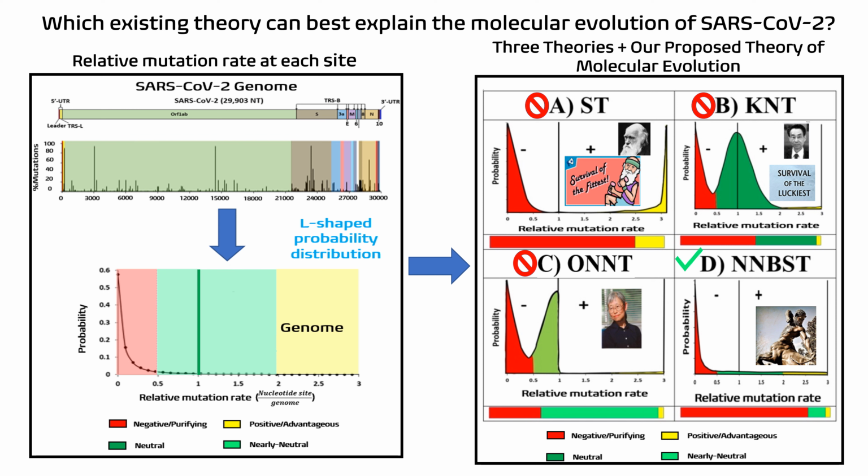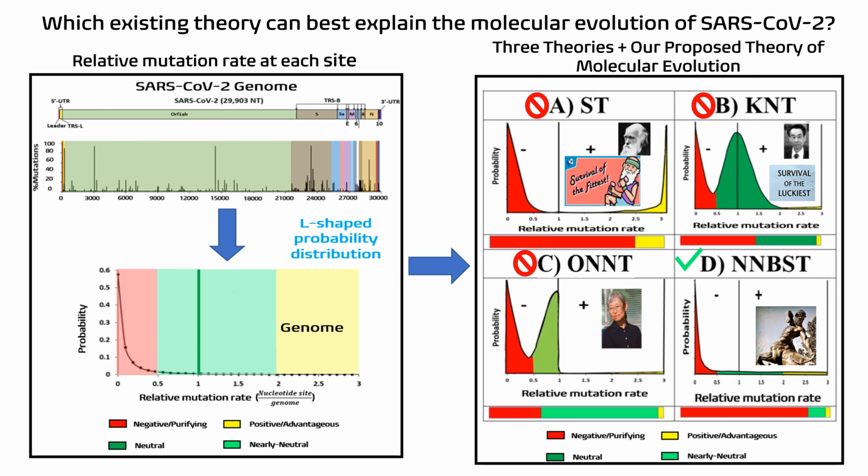Therefore, we propose a near neutral balanced selection theory, NNBST, as a hybrid theory of these two kinds of ST and KNT theories, comprising both of their critical factors: positive selection and near neutral random selection, encompassing both weak negative and weak positive selection.